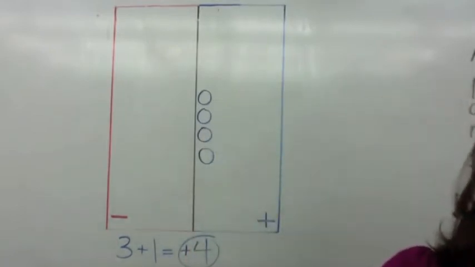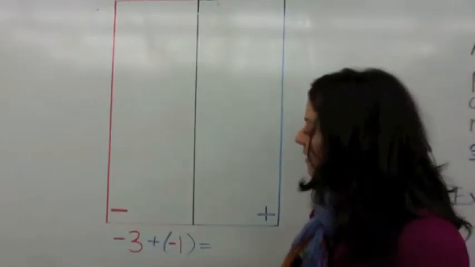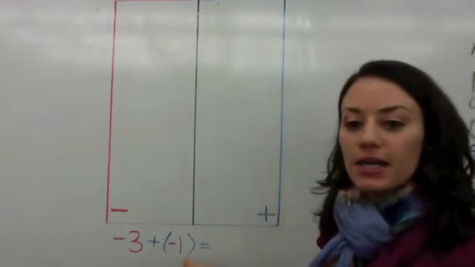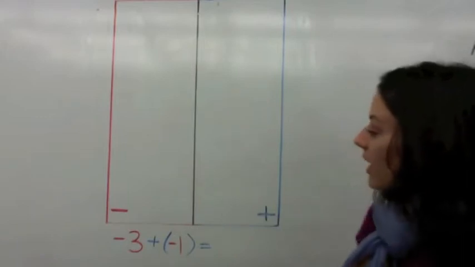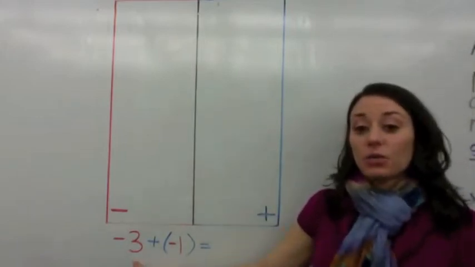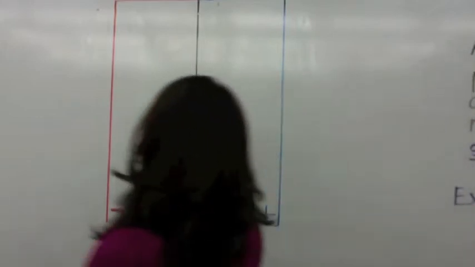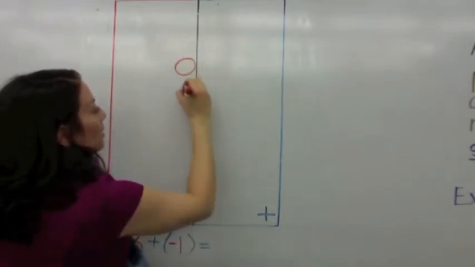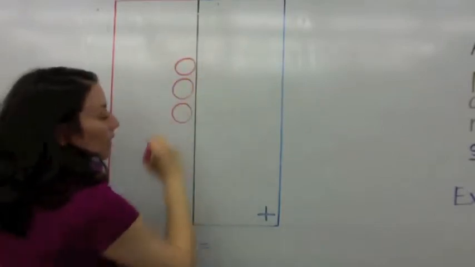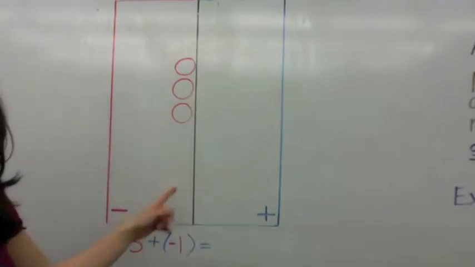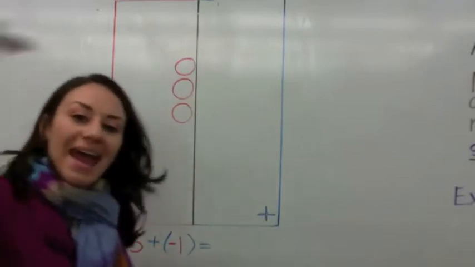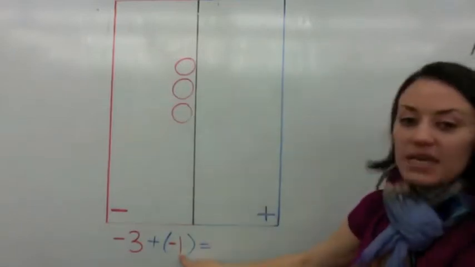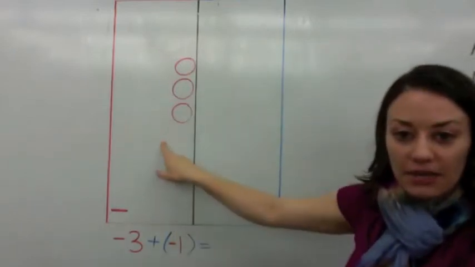Okay, in the next example, read it with me. It says -3 plus -1. So we have -3 to begin with, so we're going to put -3 circles close to the line. We're going to say 1, 2, 3. So we have -3, but now we want to add, which means we want to put one more negative circle on the negative side.